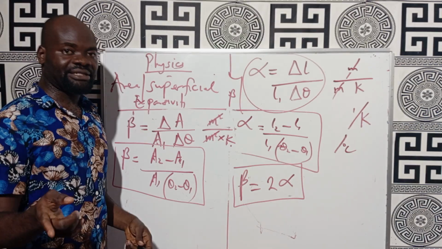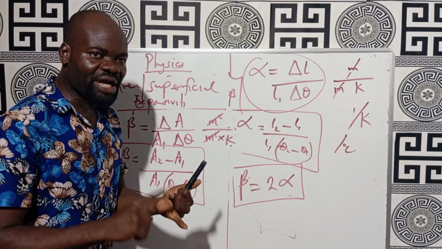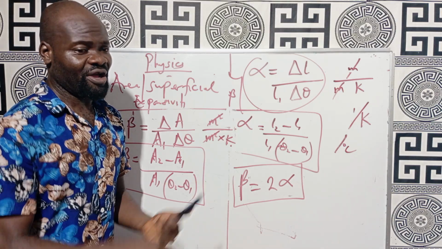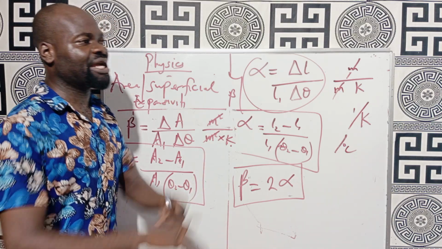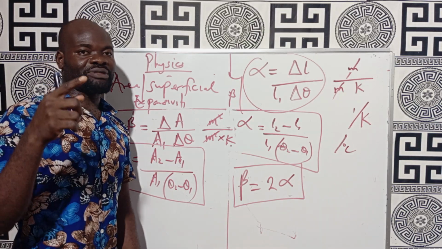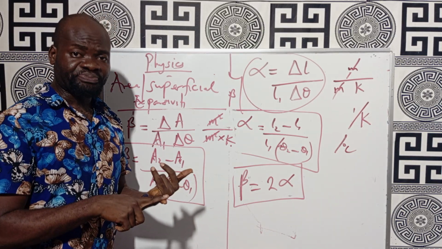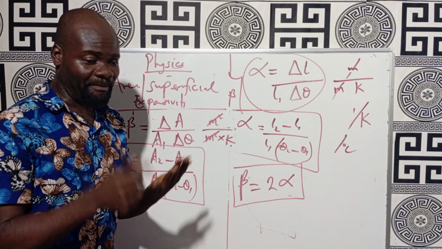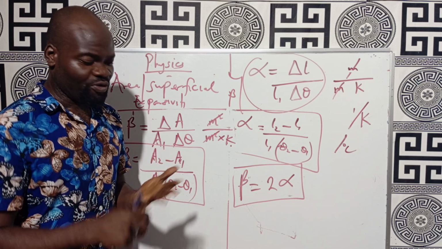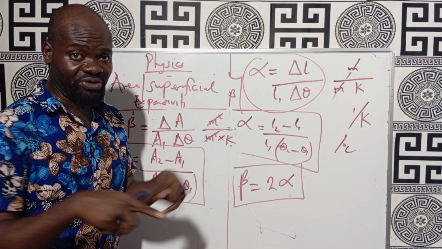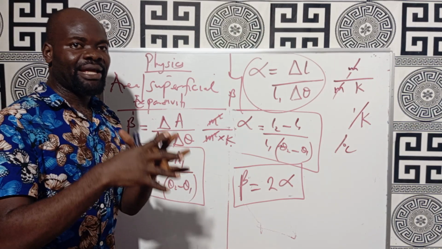In my next class, I will begin with volume expansivity, or cubic expansivity. Understood? Volume expansivity can be apparent cubic expansivity, the expansion of the vessel itself, and then we have real cubic expansivity.